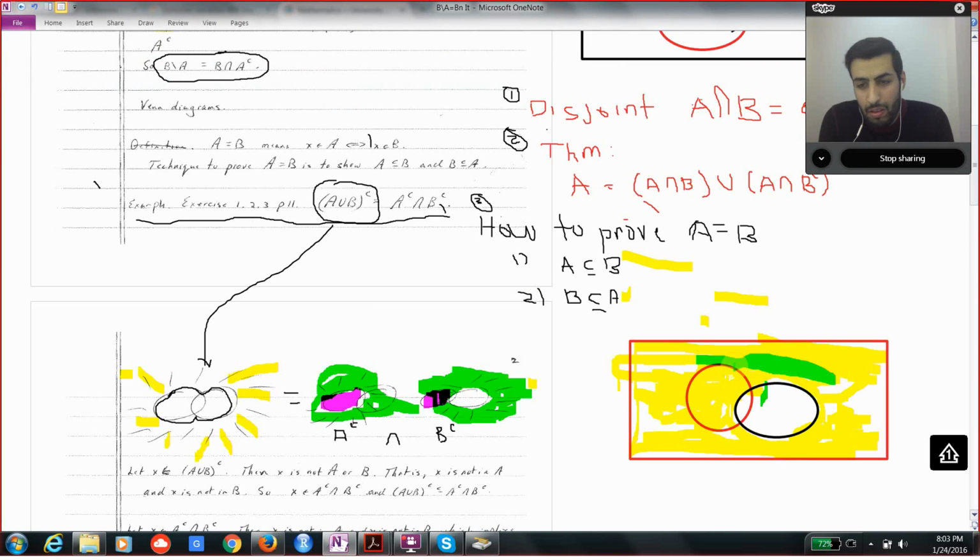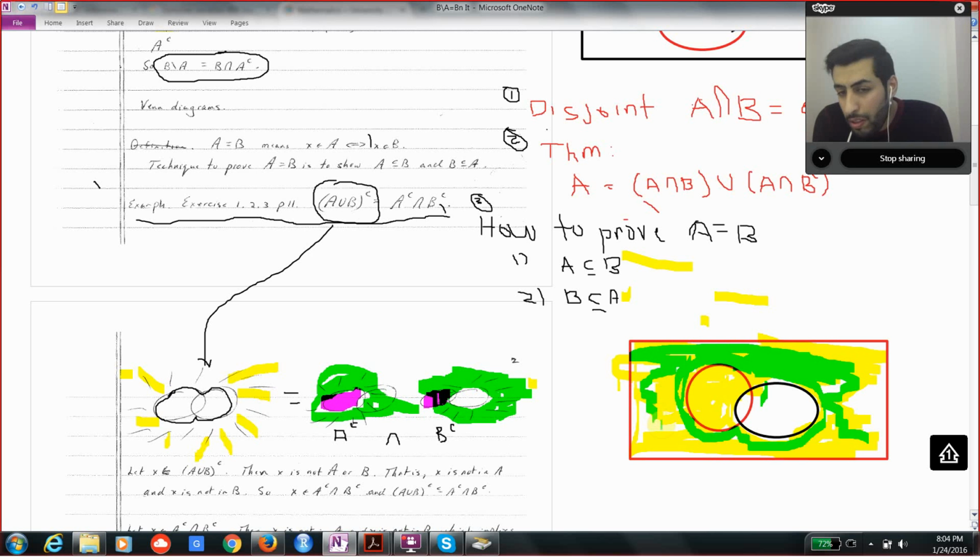Okay, so this is A complement, everything outside of A, right? Notice what they have in common. Where do they overlap? Oh, actually it goes like this, right? Yeah, this is A complement. But notice where they overlap.